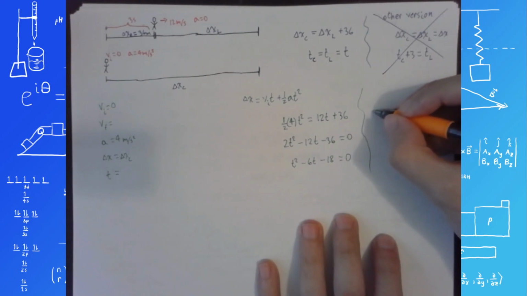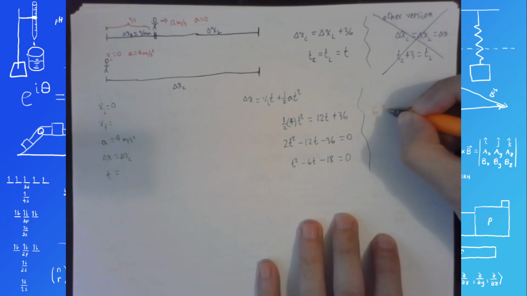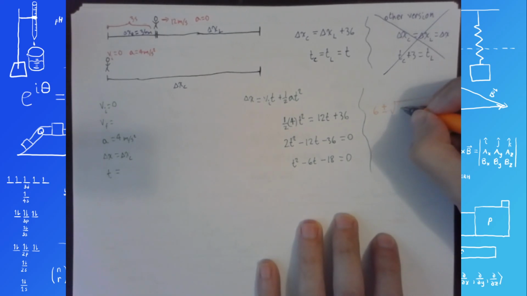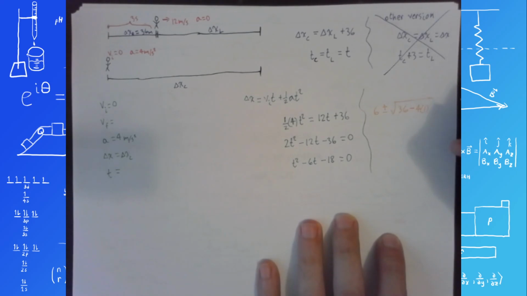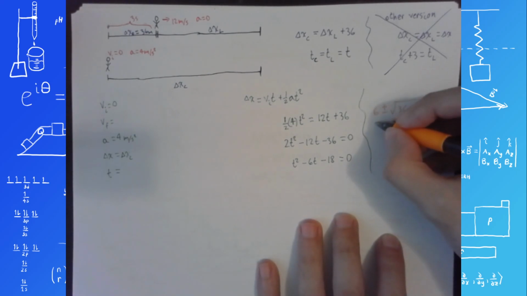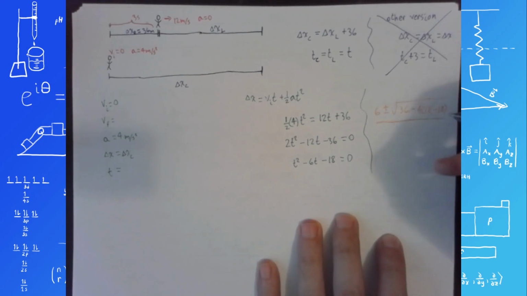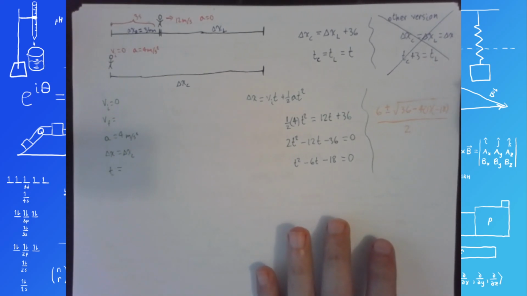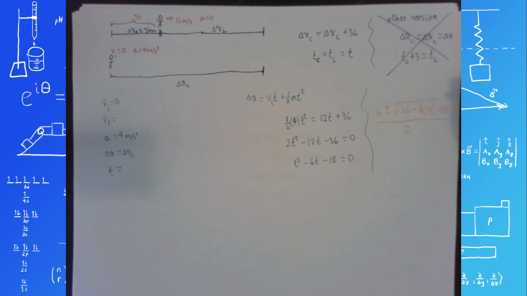So negative b, that's negative 6 or positive 6, plus or minus the square root of negative 6 squared, which is the same as positive 6 squared, is 36, minus 4 times 1 times negative 18, which should be plus 72 if I'm not mistaken, all over 2a, so all over 2 times 1, so all over 2. Let's see, 4 and 18 is the same as 8 times 9. Yeah, 72. So 36 plus 72 is 108, the square root of which I don't know, so off to the calculator.